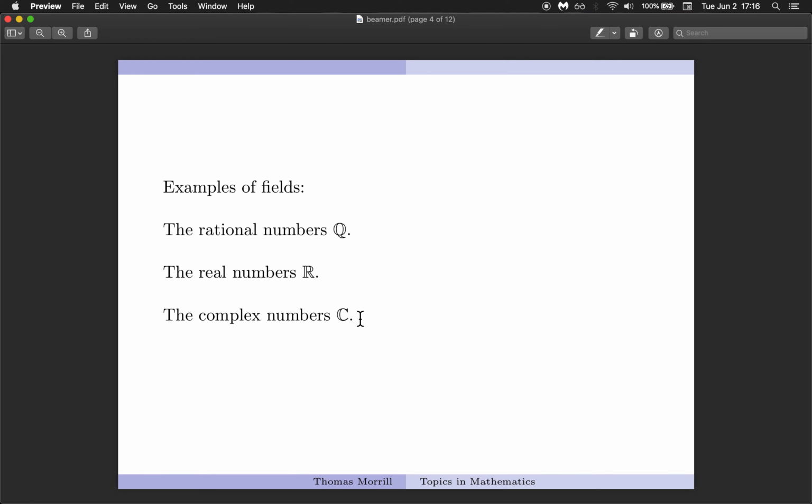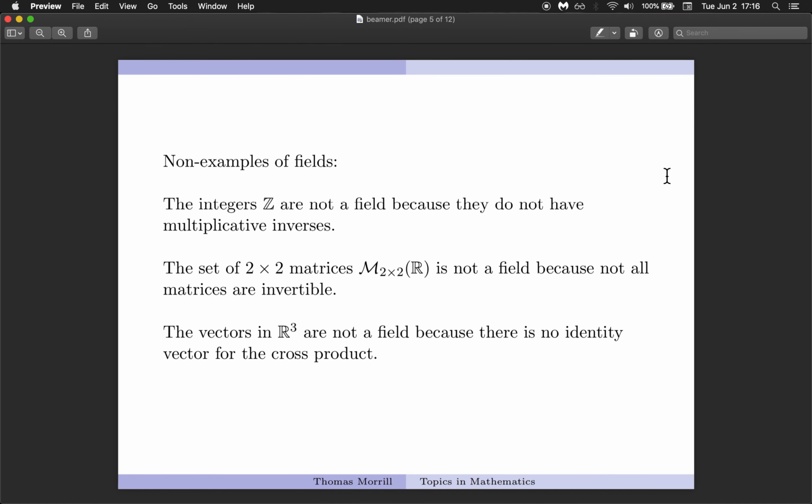In order to contrast these, I'm also going to give you some non-examples. So none of the sets on this page form a field for various reasons. So first off, the set of integers is not a field. The integers have regular addition, plus, the integers have regular multiplication, times, but the integers do not always have multiplicative inverses.